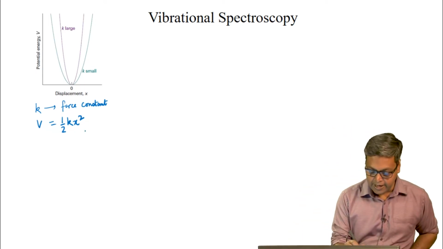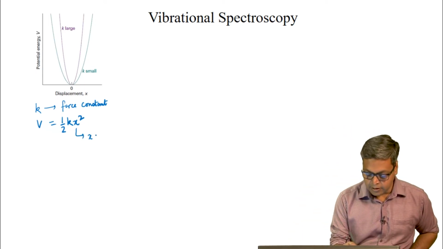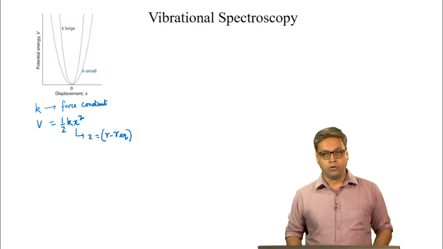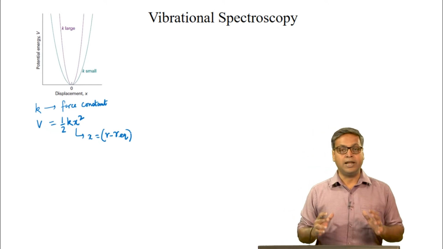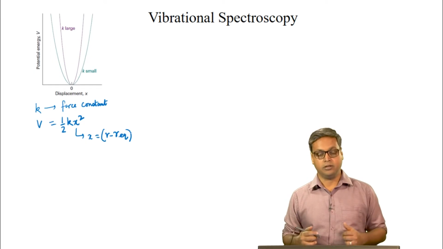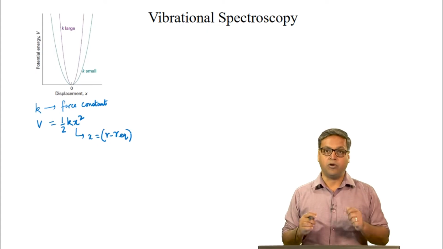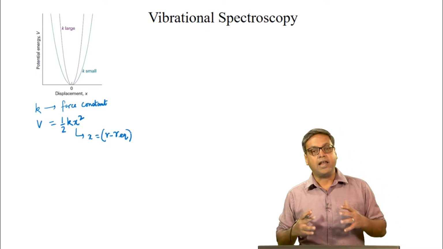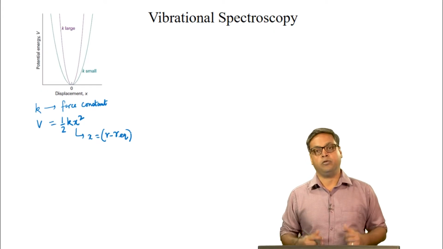Here x equals r minus r equilibrium, where r is the bond length at any point of time during the vibration, and r equilibrium is the equilibrium bond length. The potential energy can be approximated by a parabola.